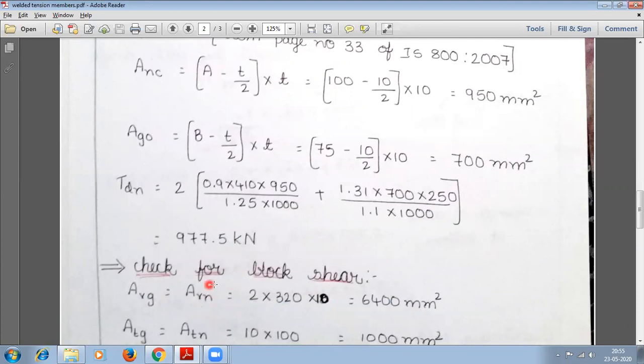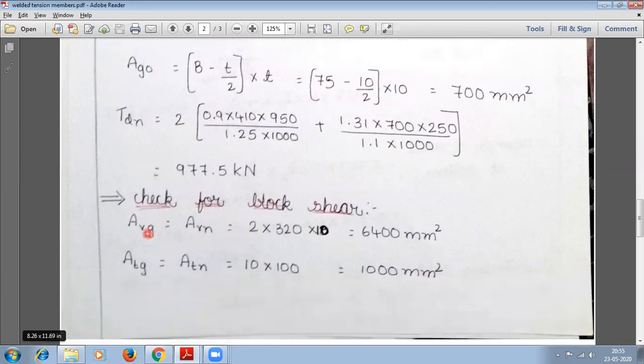Next we'll go for the check for block shear. AVG, ATG, AVN, ATN. Gross and net will be equal because here we are finding it for the welded connection. Gross and net come into the picture when you are finding it for a bolted connection.